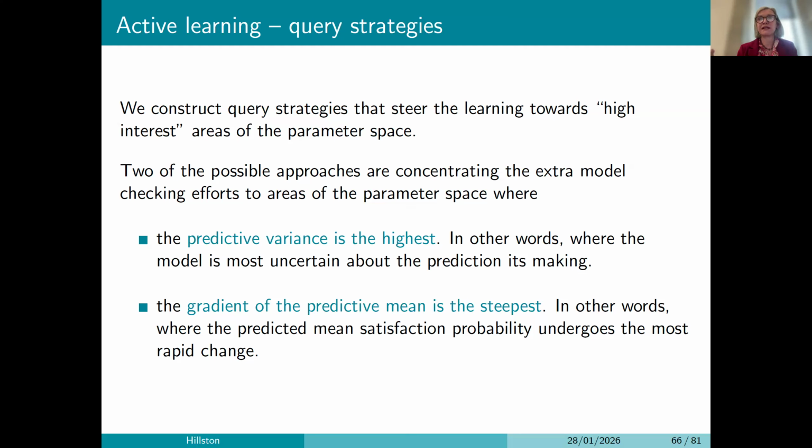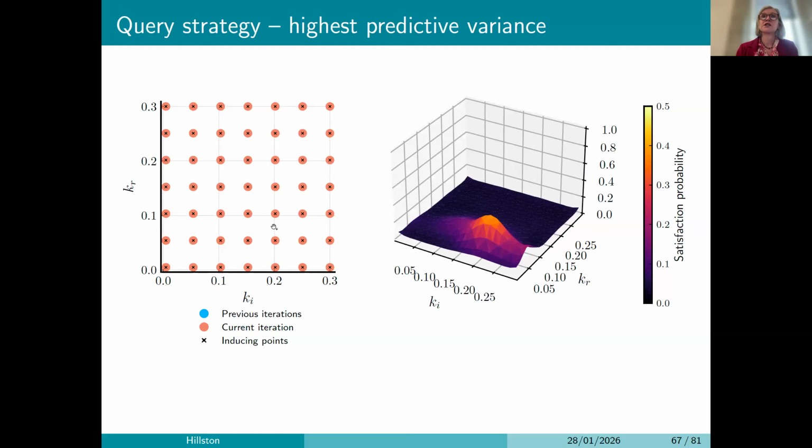We implemented both of these in our active learning framework. If we just use the streaming, we take these inducing points and then impute the rest of the surface from those points. And this gives us a result like this.